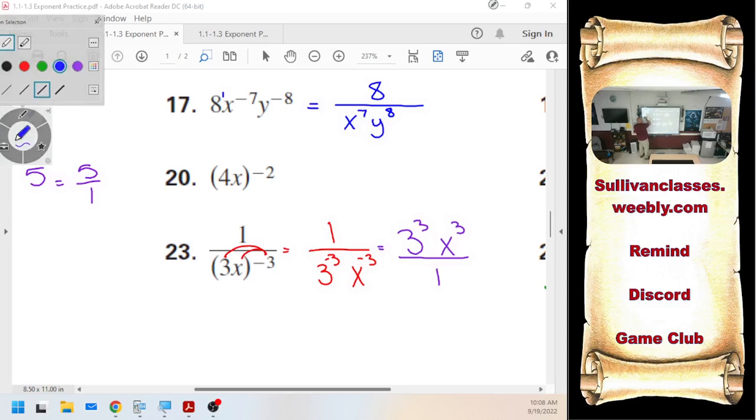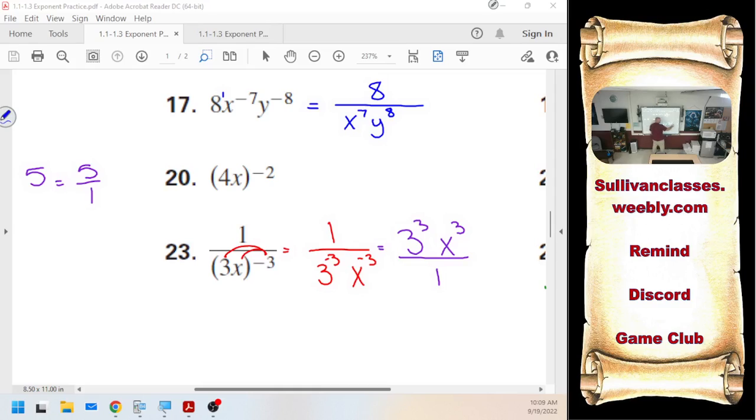And then the last stage is make sure you take care of that 3 to the third. That is not 3 times 3. That's 3 times 3 times 3. 3 of them. 27 x to the third. But write them in stages. Okay? Anything else in that bottom section?